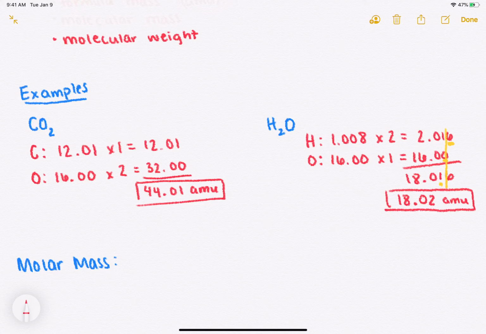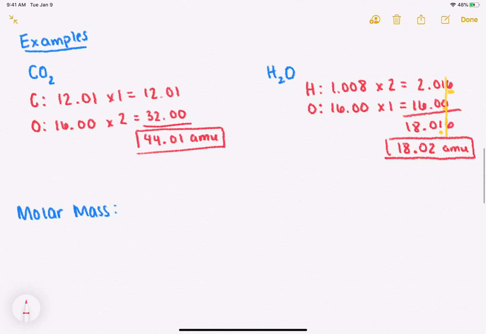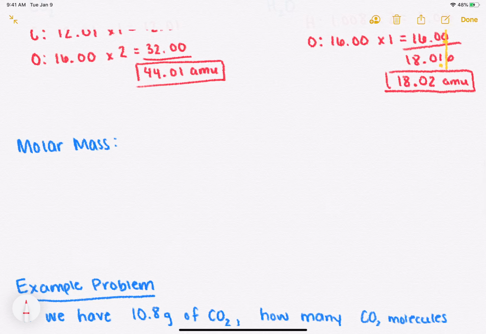There's another value that is similar and equally important, if not more so, and that is the molar mass. The molar mass is essentially the same thing as the formula mass. The difference is the units. The units of the molar mass are grams per mole.